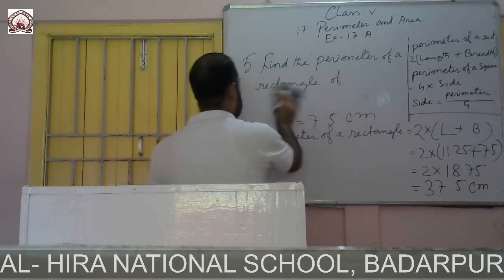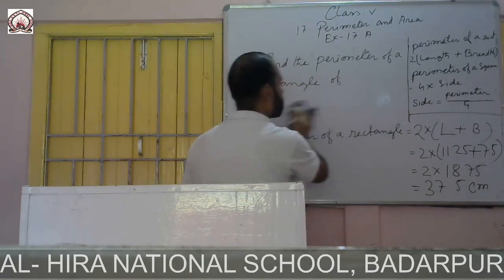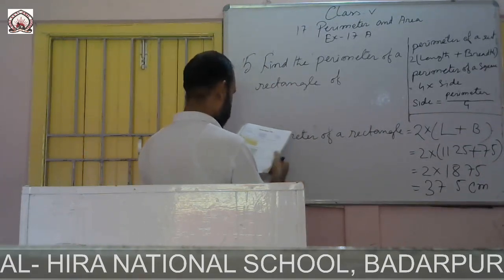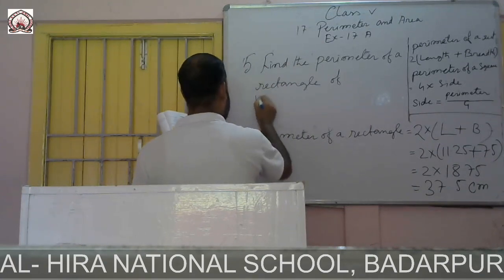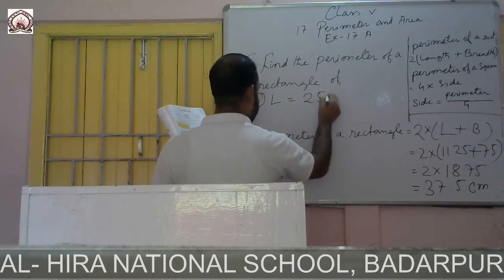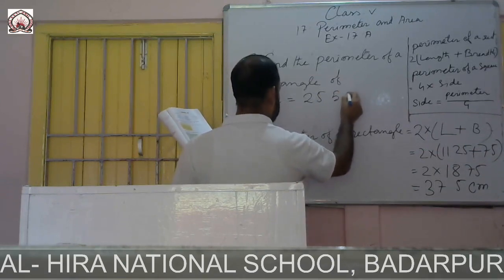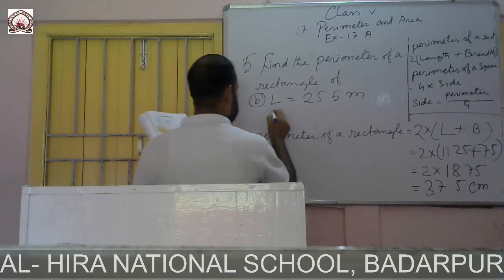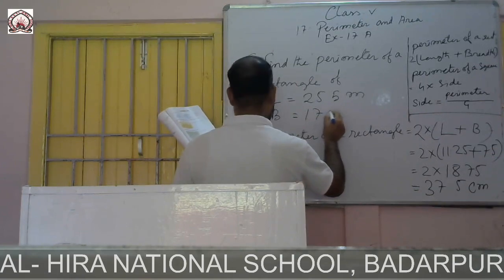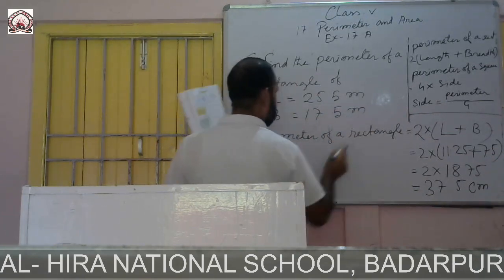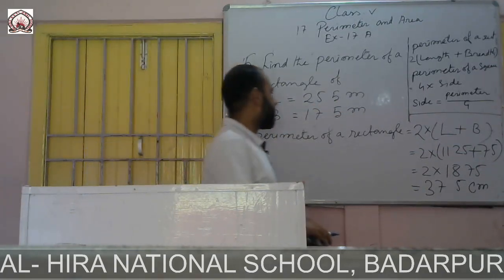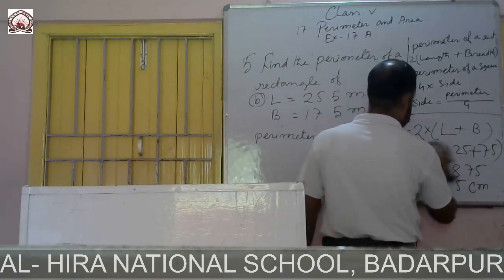So next question 5B. Length equal to 25.5 meter and breadth equal to 17.5 meter.